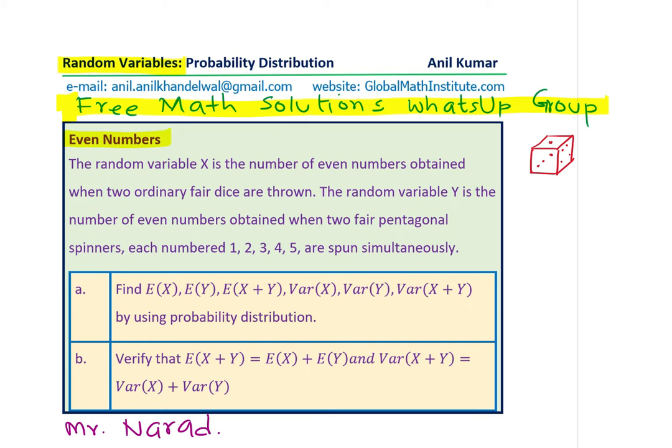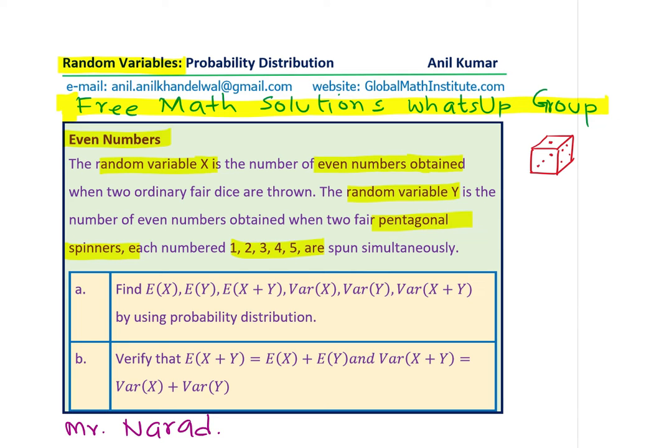We need to figure out when you throw two of them simultaneously, how many even numbers are obtained. That is defined by the random variable x. The other random variable y is defined by spinning a pentagonal spinner with numbers 1 to 5. We need to figure out how many even numbers you get when two of these spinners are spun.